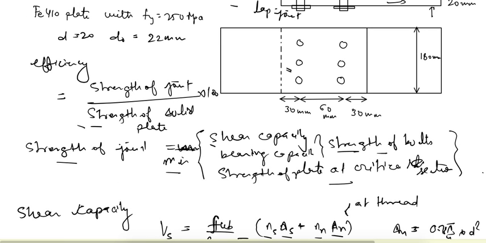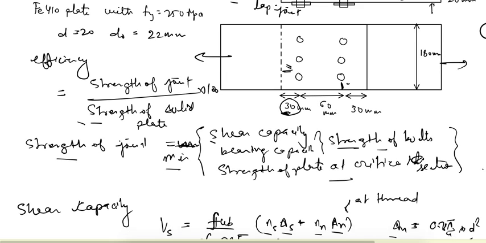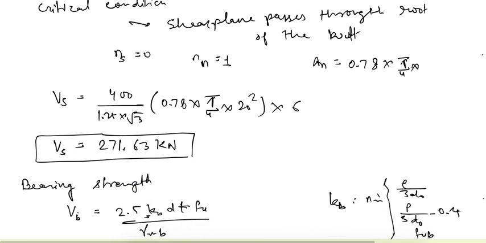That is end distance. This is the direction of load. So this part that is in the direction of load, this distance is the end distance. If we are talking about the perpendicular to the direction of the load, then that is edge distance. So here we are using end distance, that is 30 upon 3 into 22, that is d naught.